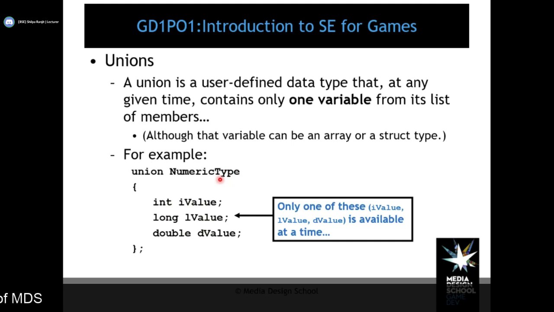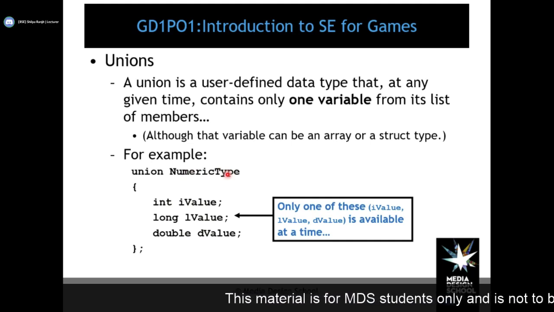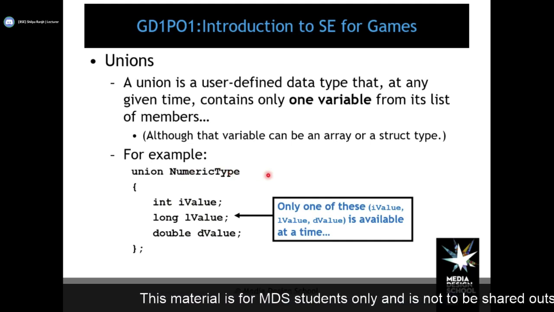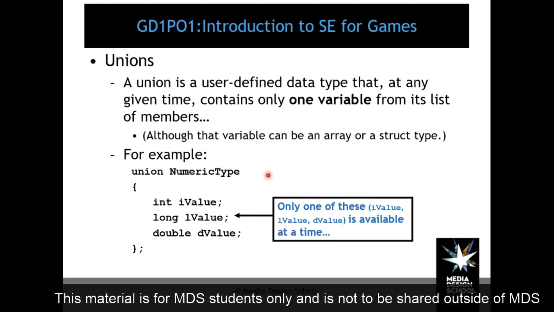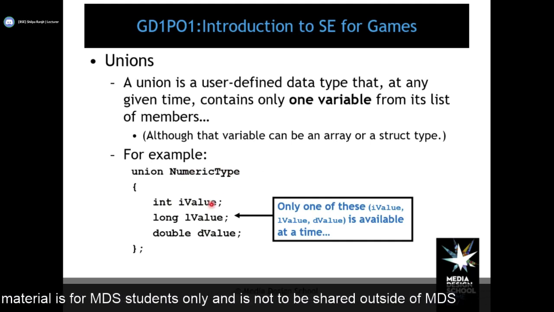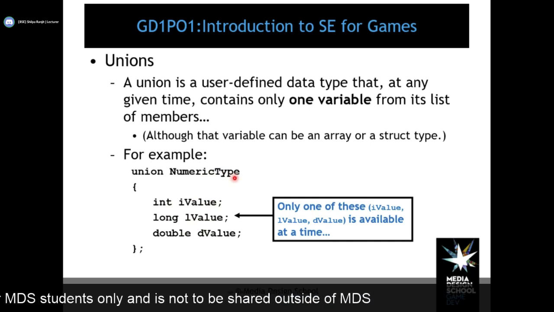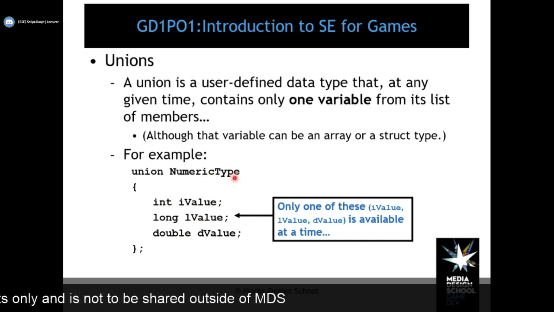All right. So if I say numeric type x is equal to 10, or 10 is also confusing. So I'll say numeric type x, and that x dot d value is equal to 10.5.